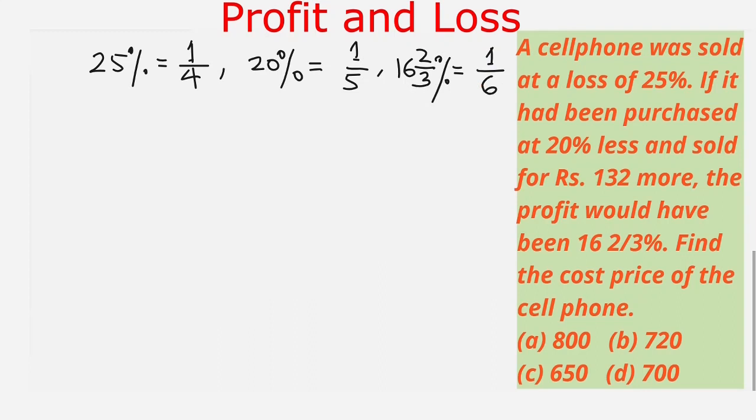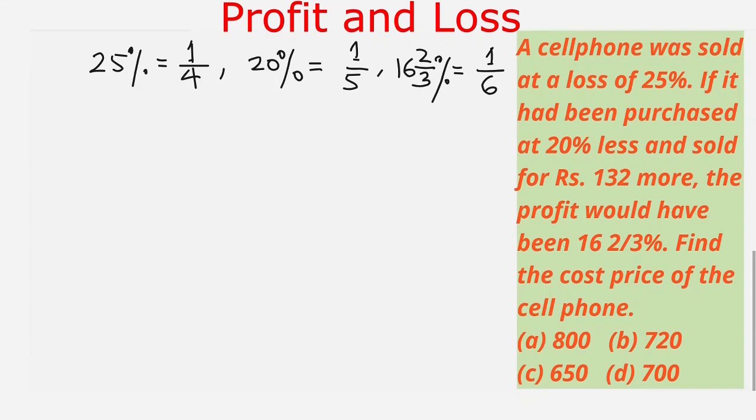Now if we had assumed cost price to be 100, then 1 upon 6, or 16 whole and 2 upon 3%, comes out to be 16.67, a mixed fraction, and we are not going to get the whole number if we assume 100. Then what should we assume?